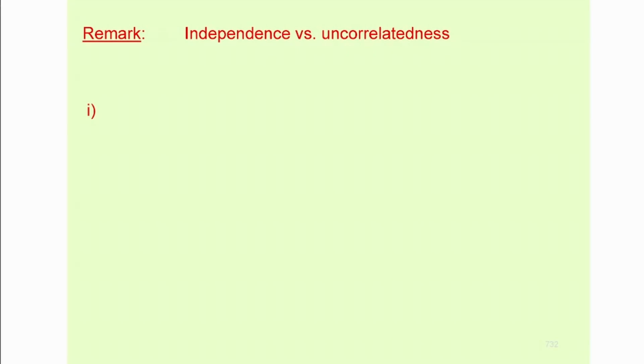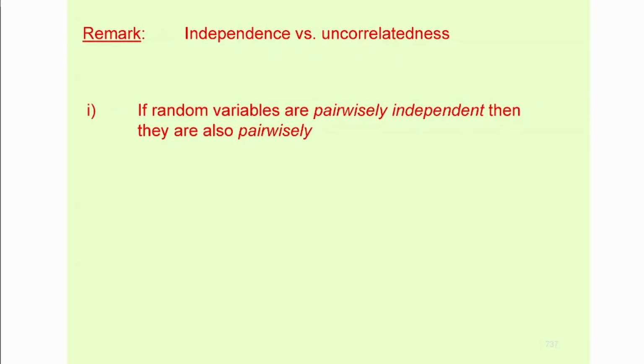If random variables are independent, and I'm going to talk about two of them, they're also going to be uncorrelated. That's true. Correlation can only be addressed when it comes to two random variables, not 3, not 4, 2. So we're looking at pairwise correlation. If they're independent, they're uncorrelated.